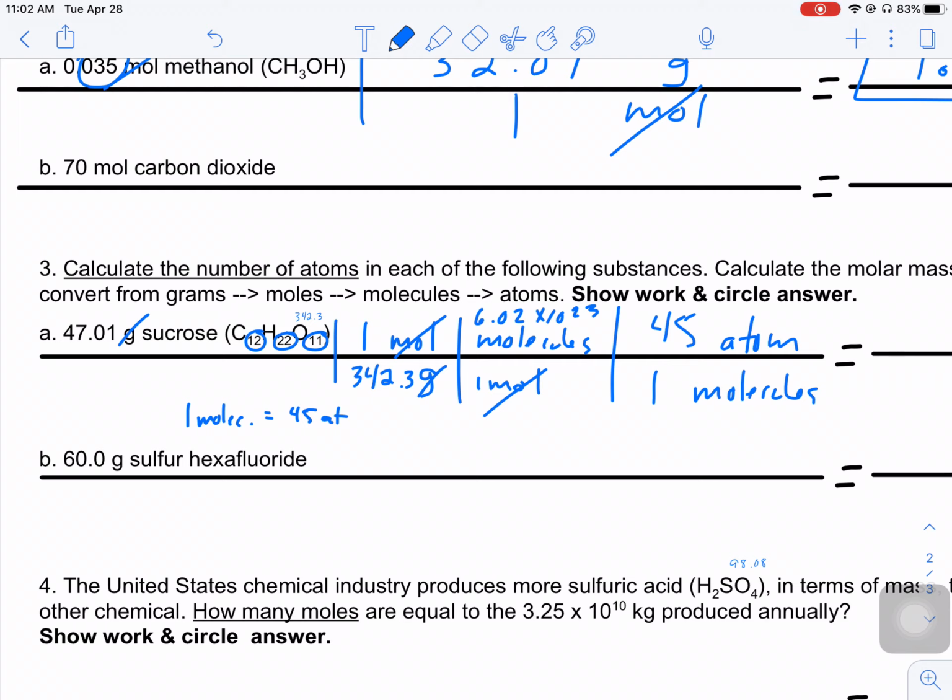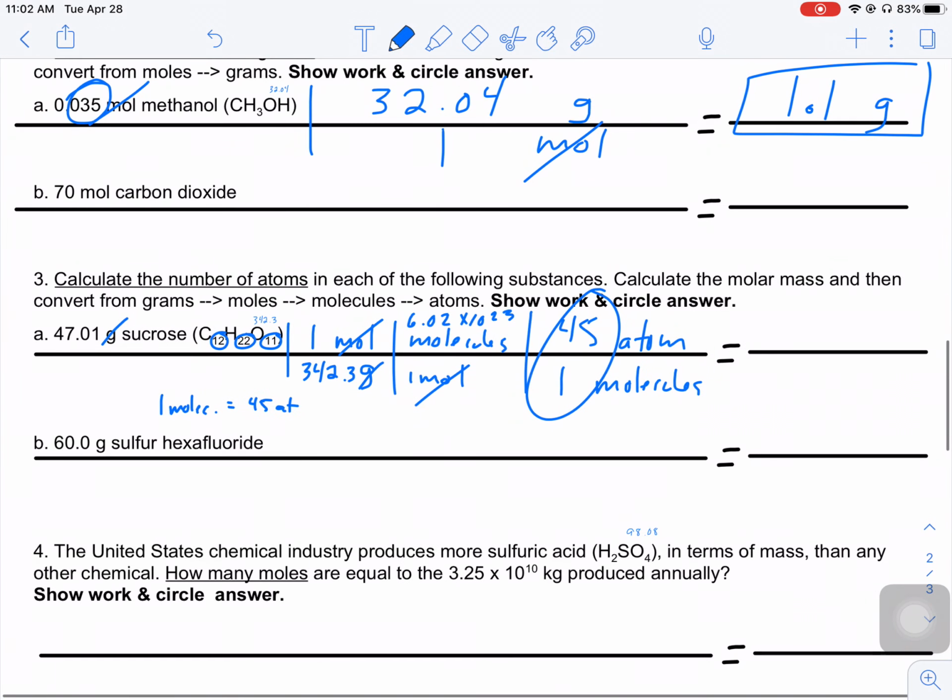And it looks like I'm able to keep probably 3 sig figs. Keep in mind that there's exactly 45 atoms per molecule, so this is not going to limit our sig figs. And if I do that, limit myself to 3 sig figs, I get 3.72 times 10 to the 24 atoms, okay? Remember, there's 45 atoms per molecule, and that's an exact number, so that's not going to limit my sig figs, okay?